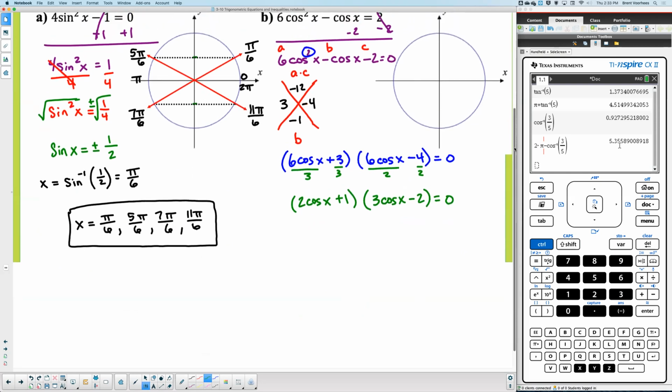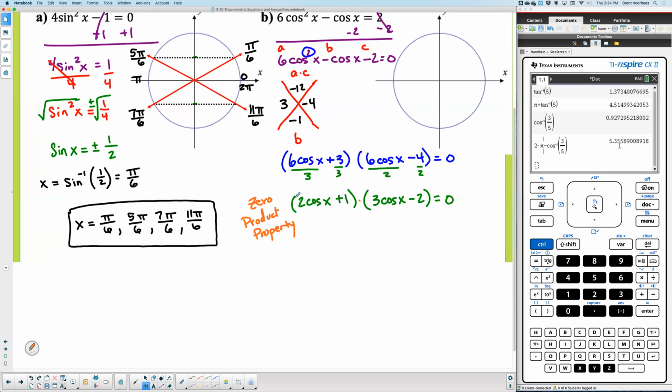Now, if we all remember our algebra 2, what you learned is if you get here where you are multiplying and you have a product of 0, you can use what's called the zero product property. It says the only way in the entire universe to ever multiply and get a product of 0 is that you have to be multiplying by 0.